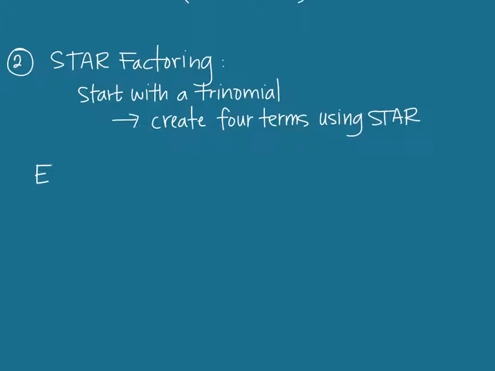Okay, here we go. I'm going to start with a trinomial that has nothing in common. Our first trinomial is 6x squared plus 5x plus 1. Okay, it's a trinomial. Has nothing in common. Nothing in common between 6 and 5 and 1. None of the variables are in common.